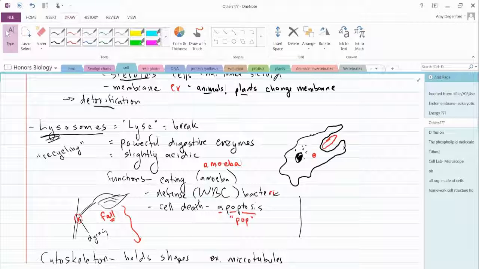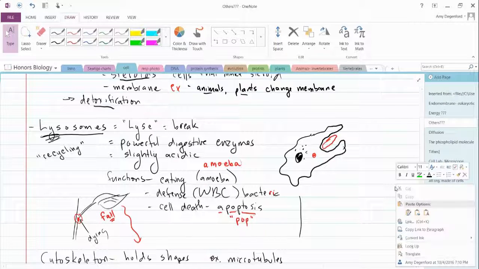Now that's just really weird, but go back to our plants in the fall. Well, trees are going to be needing to drop their leaves. And as they drop their leaves, they're going to need those cells to actually die.